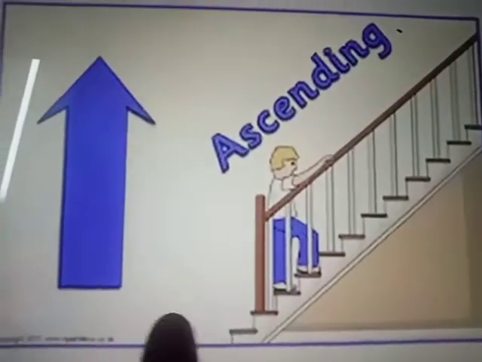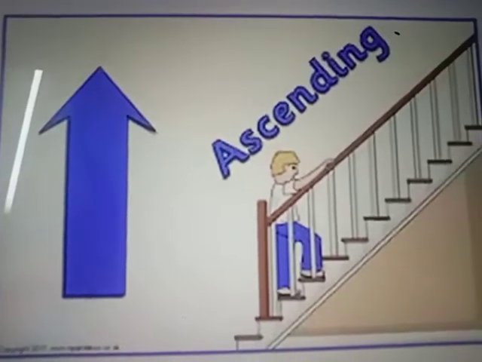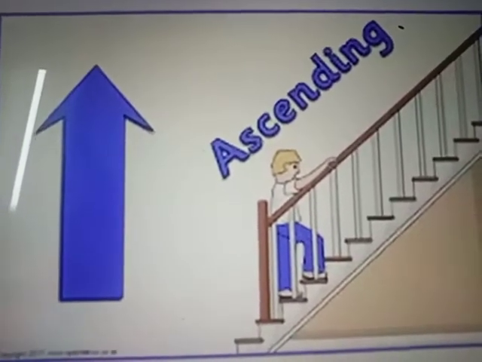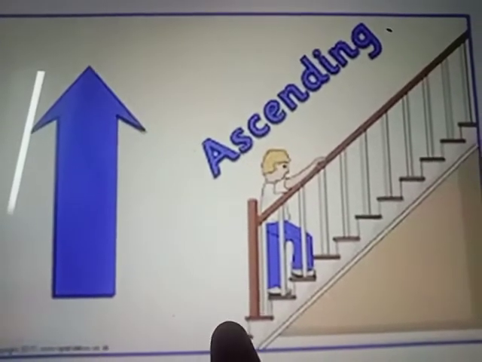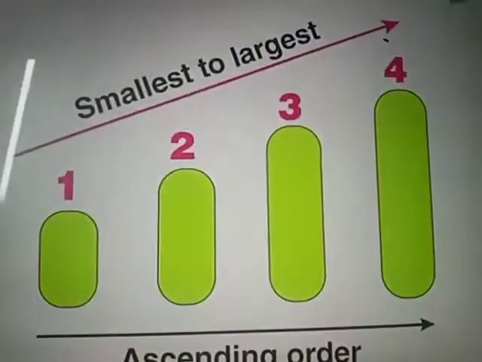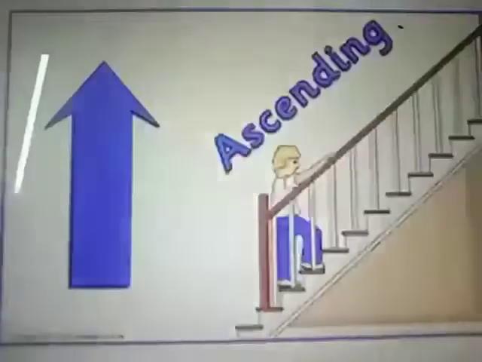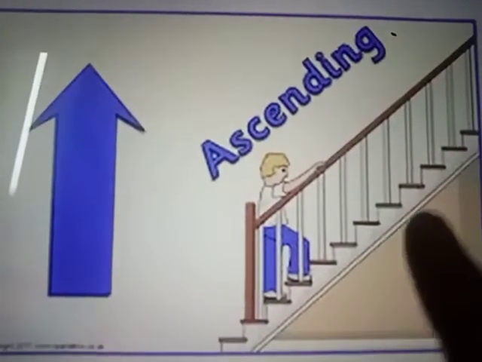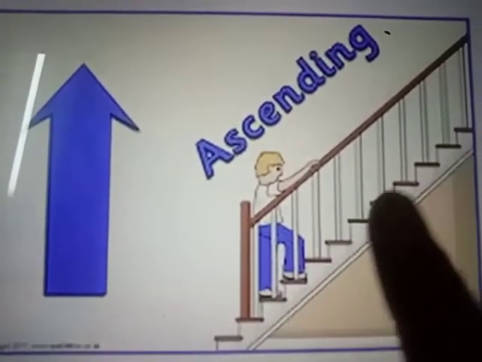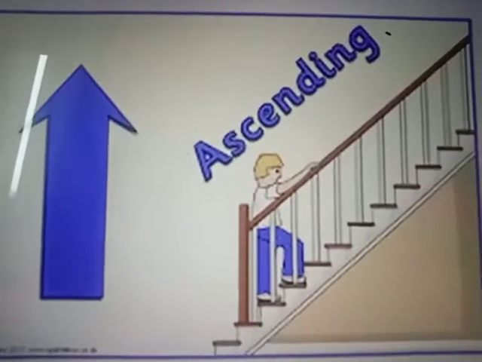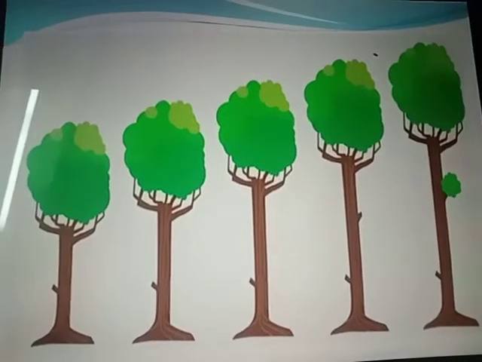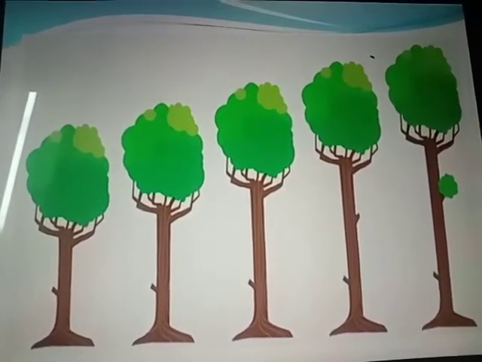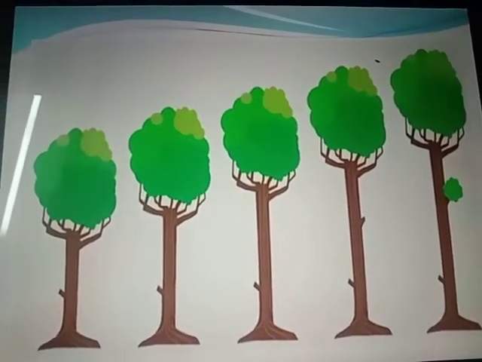When you climb the stairs, you can see in this picture a boy is climbing stairs. First he is at the lower position, and as he climbs upstairs, he is moving to a high position. Do you remember we did the small to big activity?